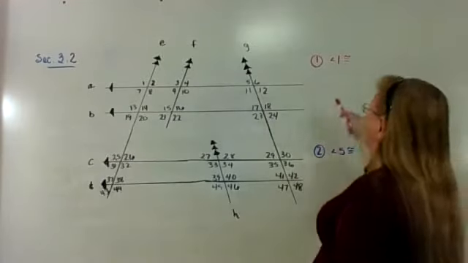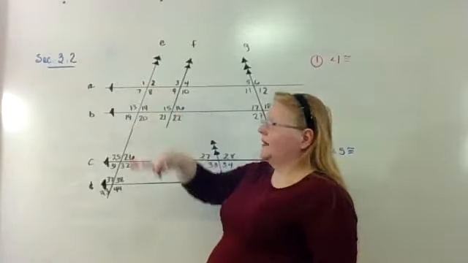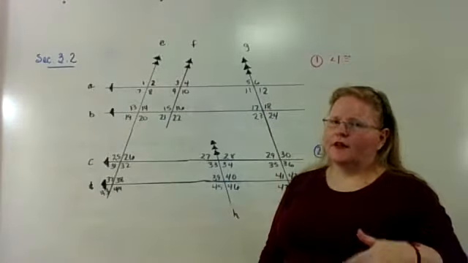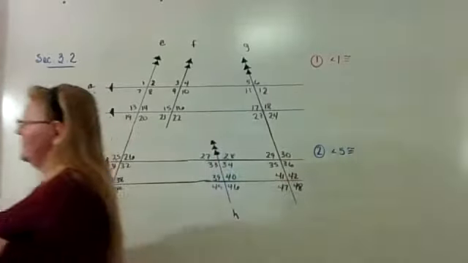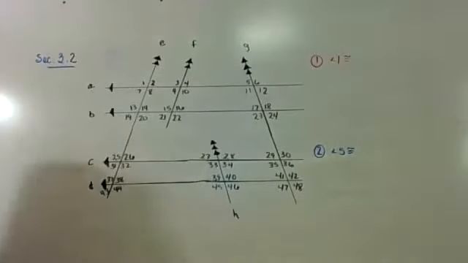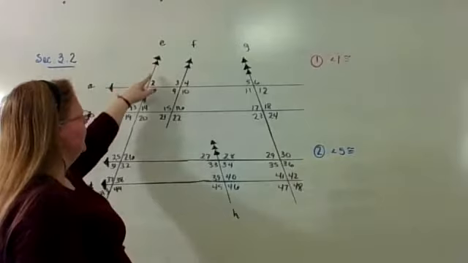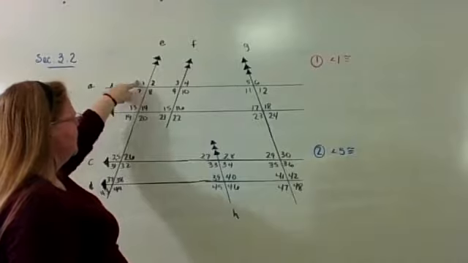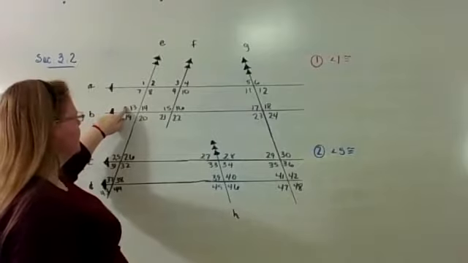Now, they want to know about angle 1. So I start with angle 1, and I look at angle 1, and we have to find a transversal that cuts 2 lines with angle 1. Okay, so this is angle 1, and if I call E my transversal, then angle 1 is corresponding to angle 13, which means it would be congruent to it.